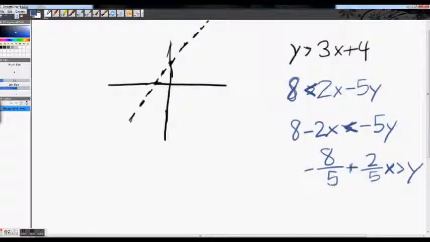Now, let's look at this one. This one will have its intercept at negative 8/5. So let's go ahead and draw that here. Should be about here. Negative 8/5 plus 2/5, when x equals 1, would be negative 6/5.